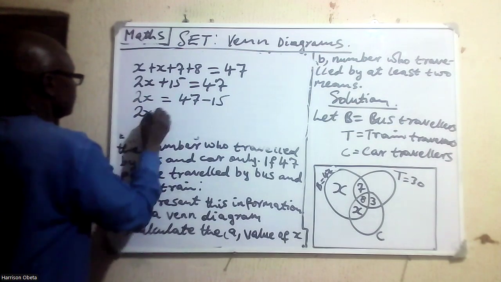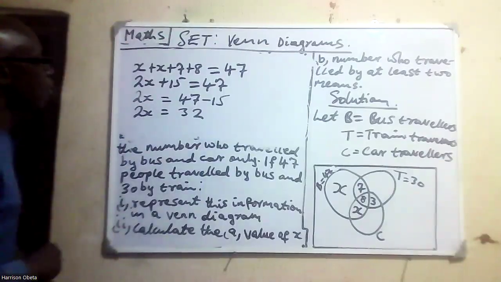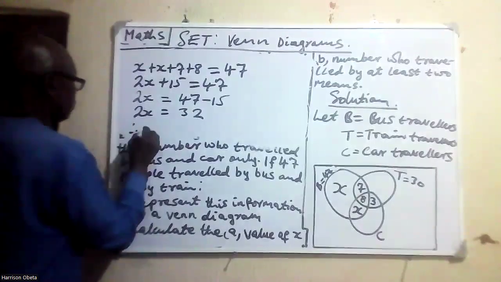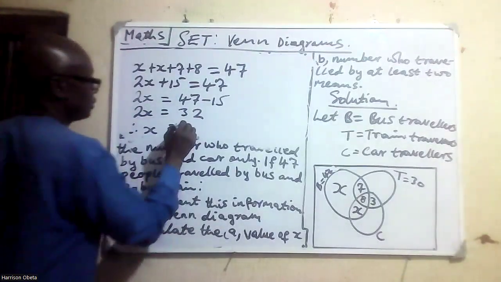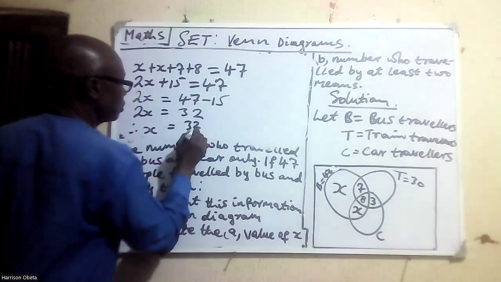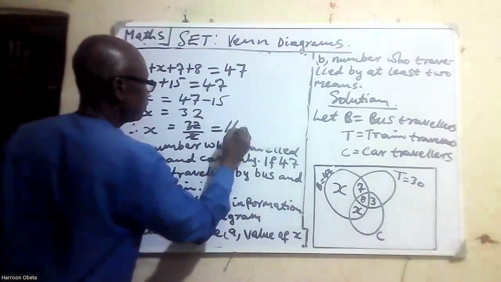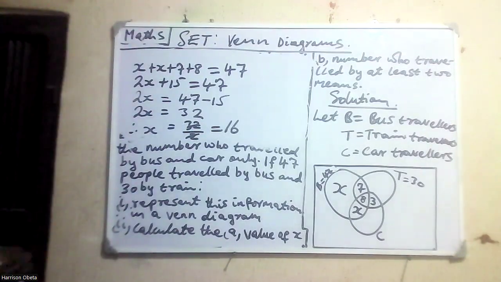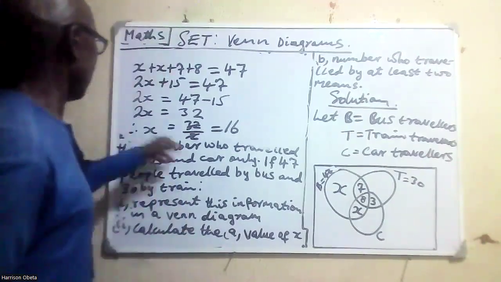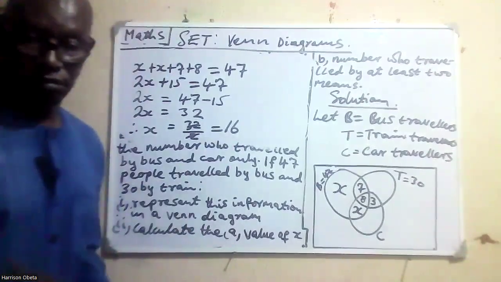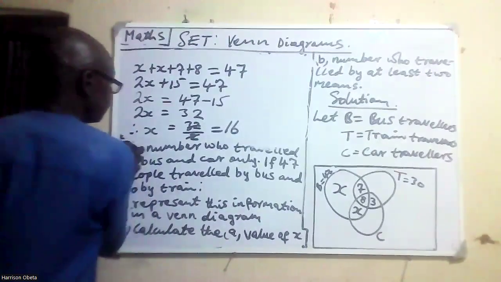So 2x is equal to 32. Therefore, you divide both sides by 2, x is equal to 32 over 2, and that is 16. So our x is 16. The value of x is now 16. Then we move on.